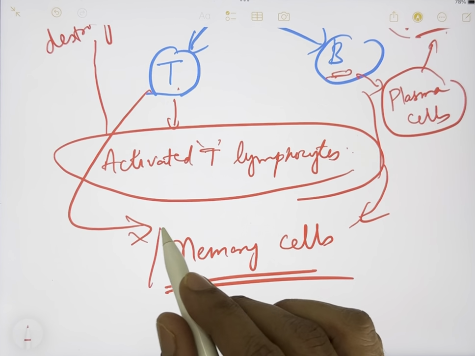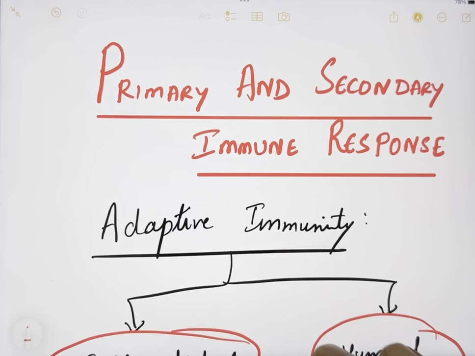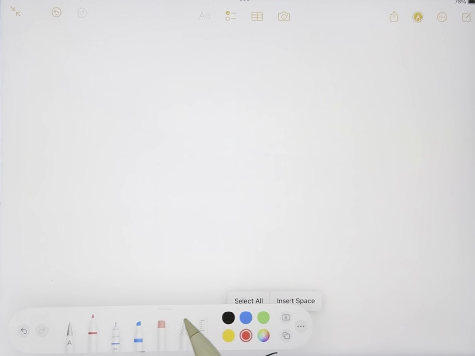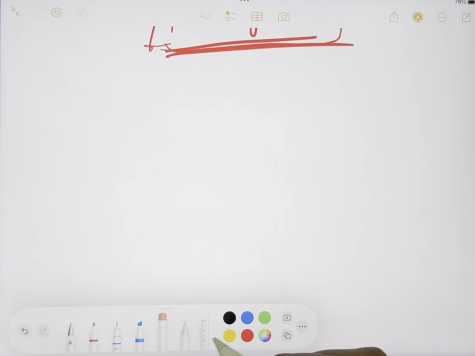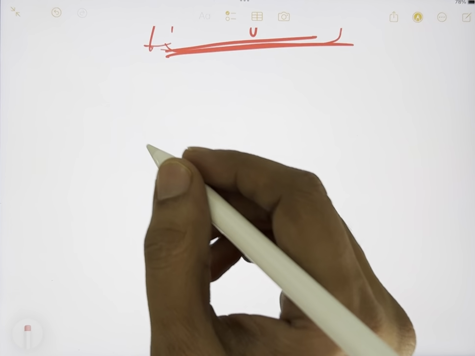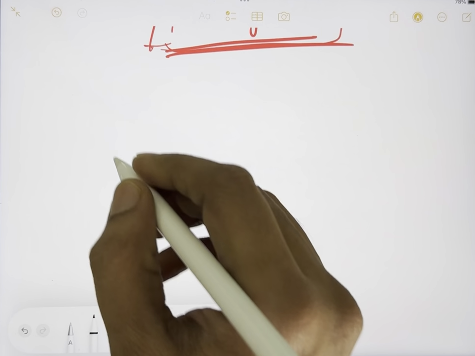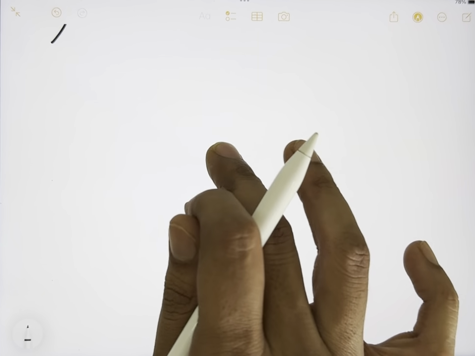Now, these memory cells will lead to the secondary response, that is our topic. What is primary and secondary immune response? Let us discuss that with the help of a graph. Let me draw one graph and try to explain the concept of primary and secondary immune response.